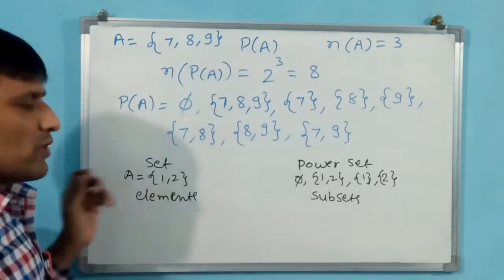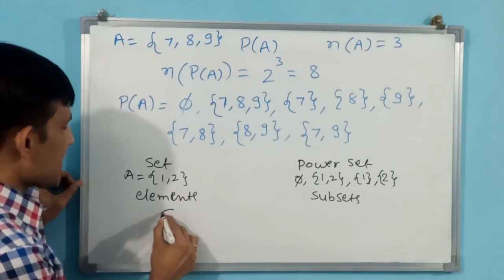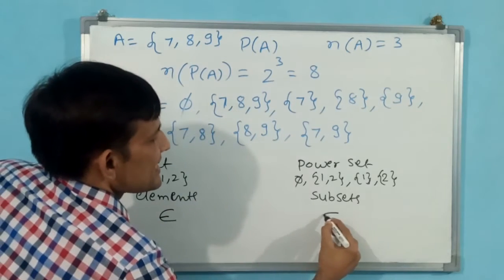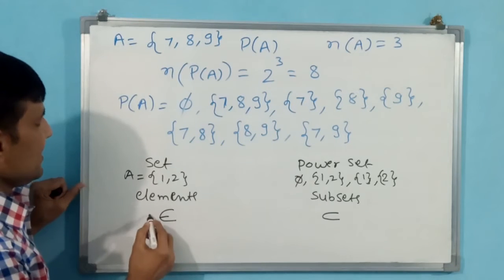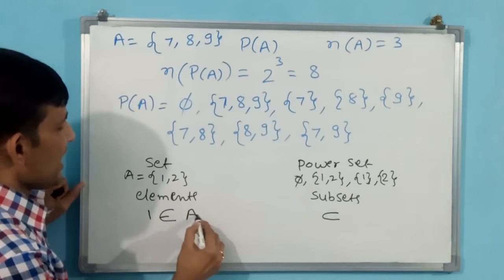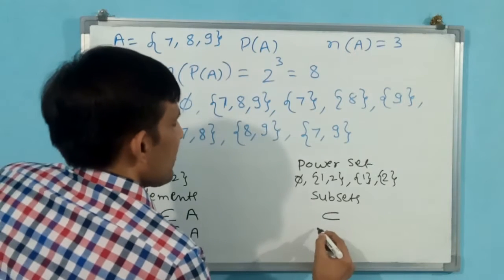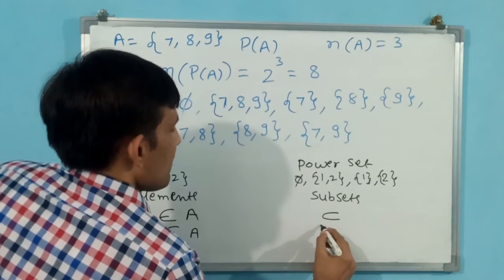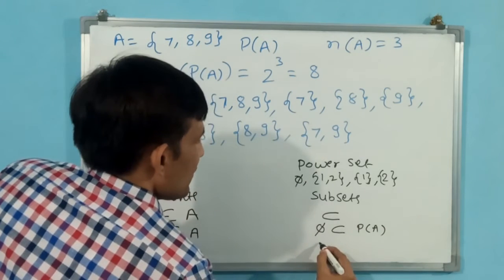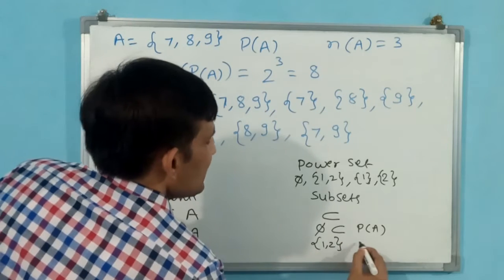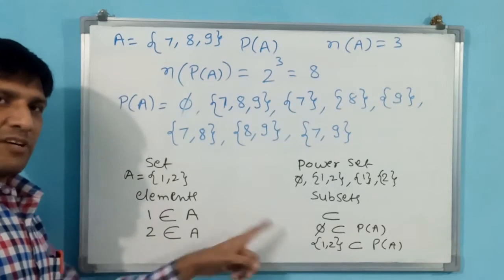Now we go for what is belongs to and what is subset. This also I will clear to you. See, 1 belongs to A, 2 belongs to A. Phi is a subset of power set A. {1, 2} is a subset of power set A. What did you come to know by observing this?